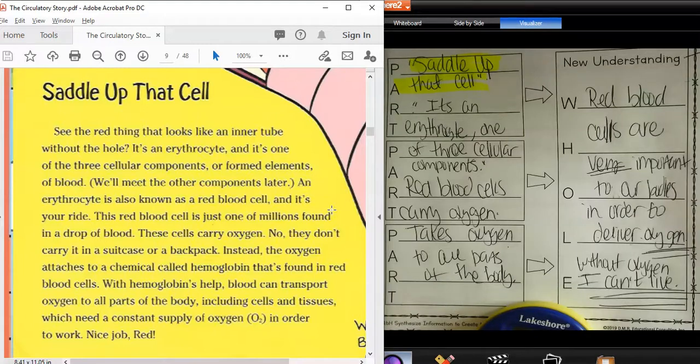You're going to summarize 2 to 3 sentences in your notebook. You have the last 20 seconds. Last 10 seconds. And time is up. Go ahead and park your pencil.